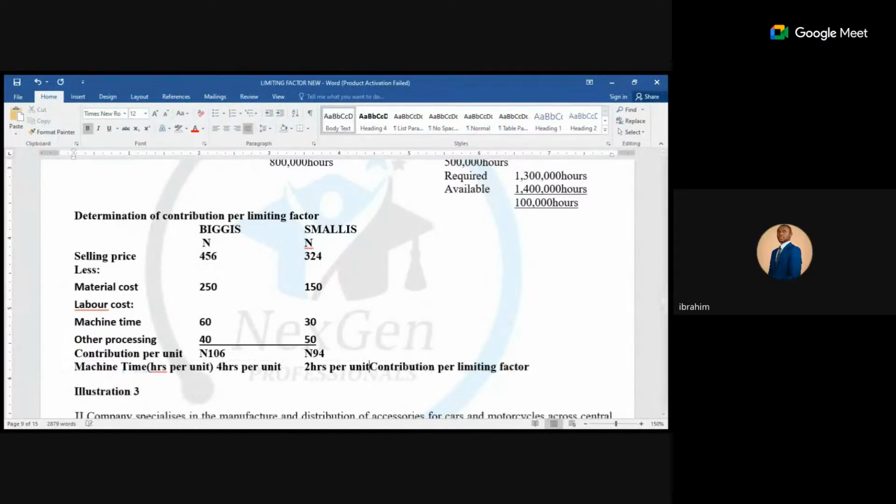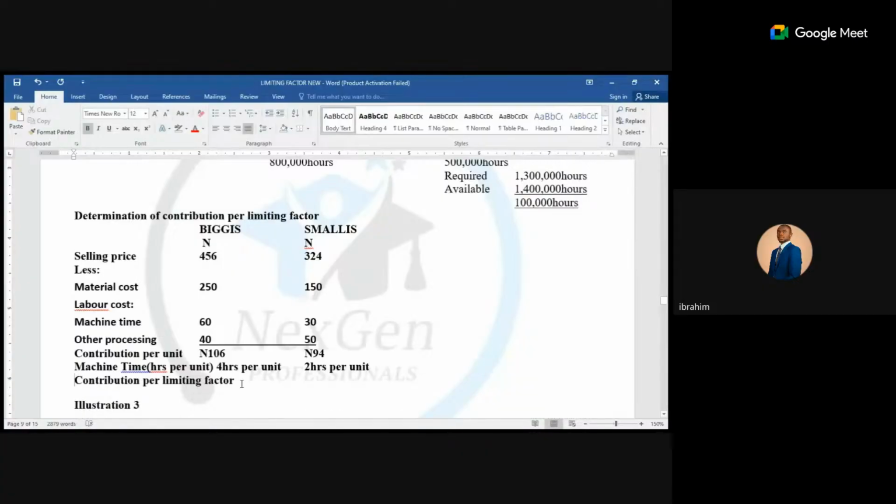So I will just write 26.5 naira per hour.